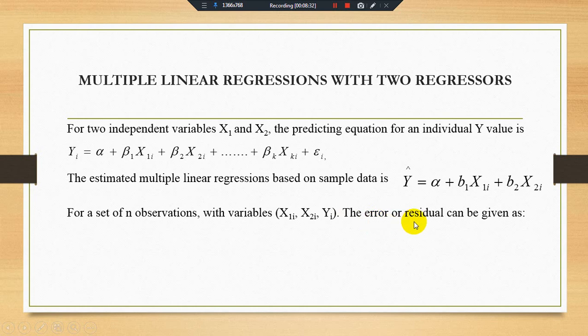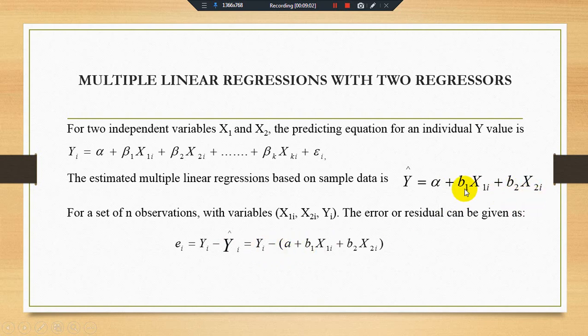The error or residual can be given as ei equals actual minus estimated. We know that y is the actual, and the estimated y is equal to a plus b1 x1i plus b2 x2i.